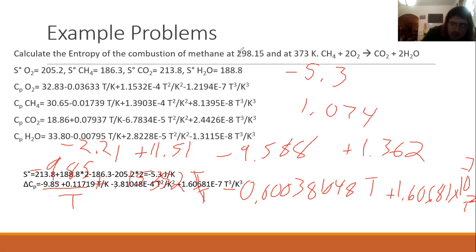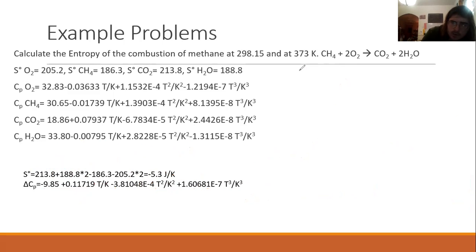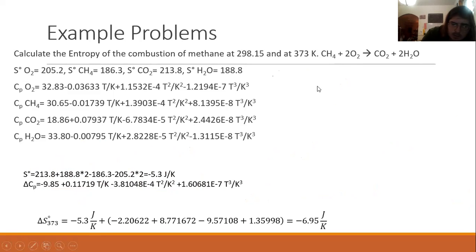So we add that on to negative 5.3. Entropy change becomes negative 4.226. Slightly different from what I'm going to show you next, because, as I said, a slightly different number. Not big of a number.